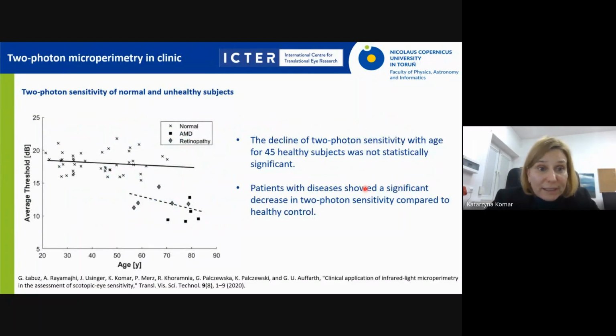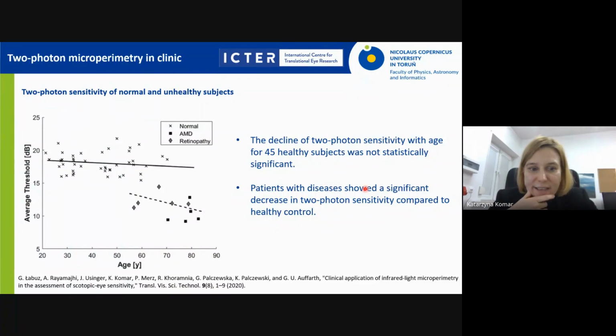There are more data on two-photon microperimetry in clinic because, for example, most of the papers are published by first author Grzegorz Łabus, with whom I cooperate, because there is one system which is constantly present.